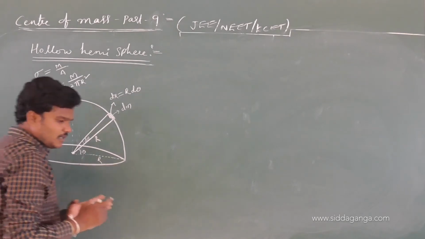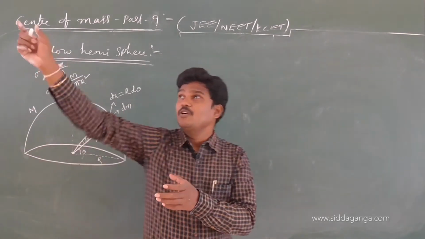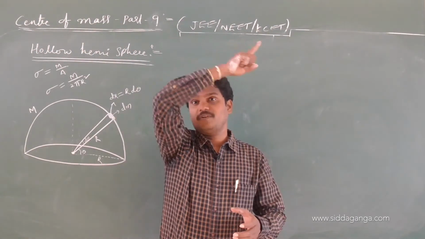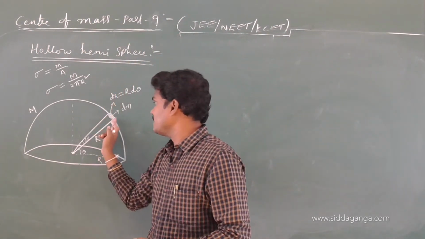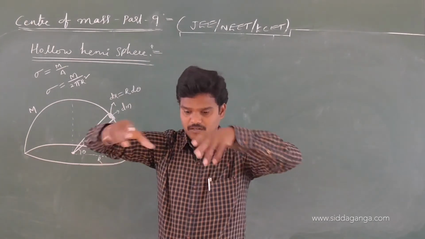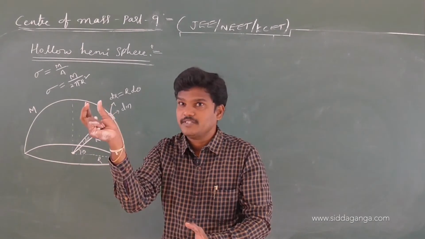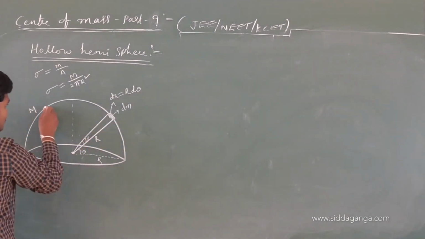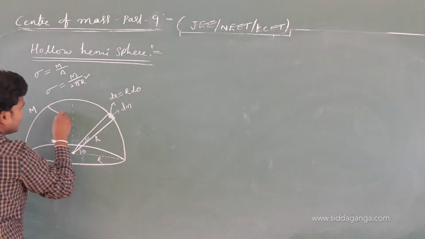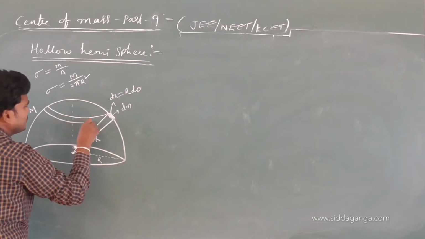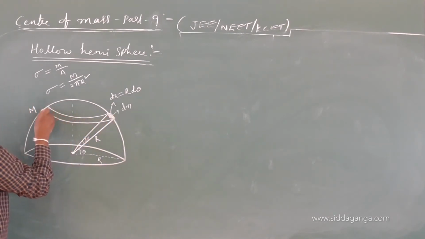And see, in a hollow hemisphere, if I take a small part on this side, this entire part will be covered. 3D, imagine like this. Because it is like a hollow sphere, like a globe, if I take a small piece, it will cover the entire thing. So the upper part looks like a circle in shape.